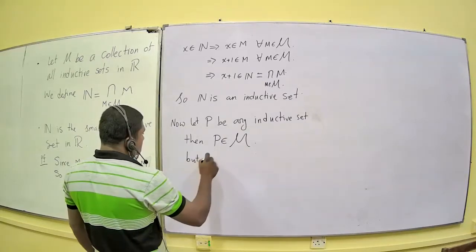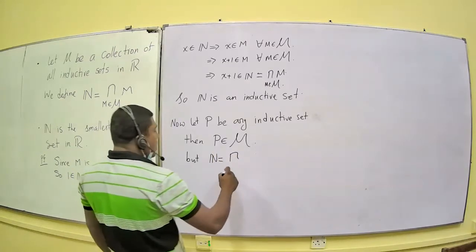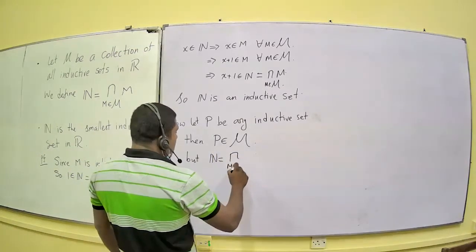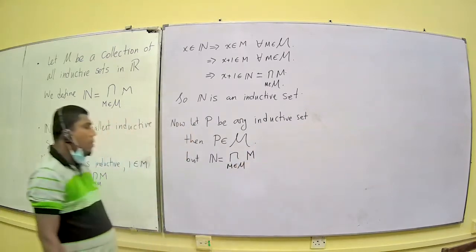But N is actually the intersection of all M belonging to curly M, right?